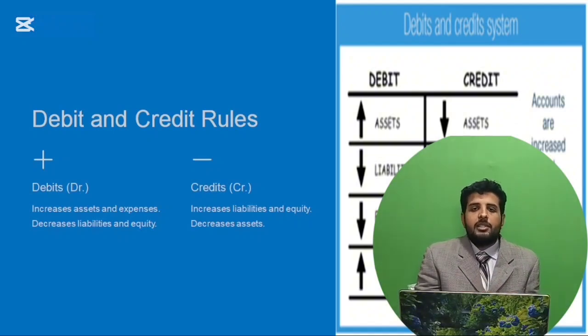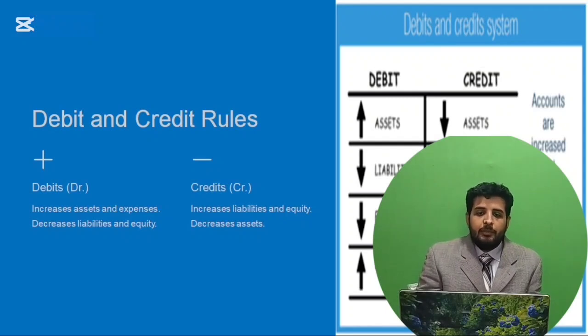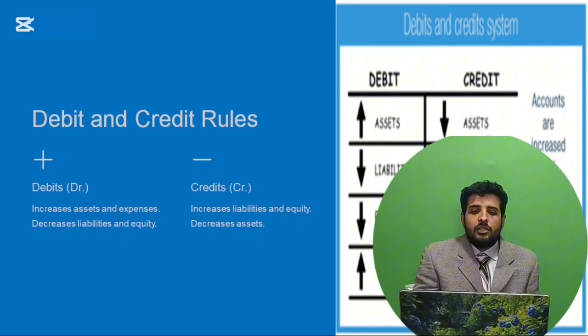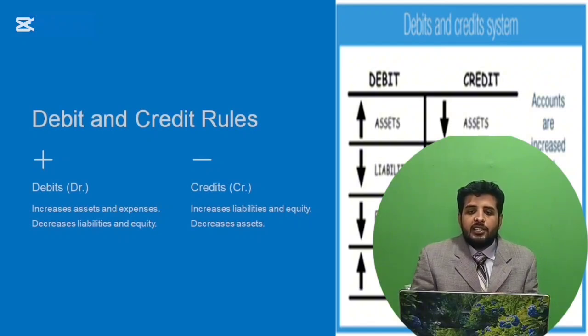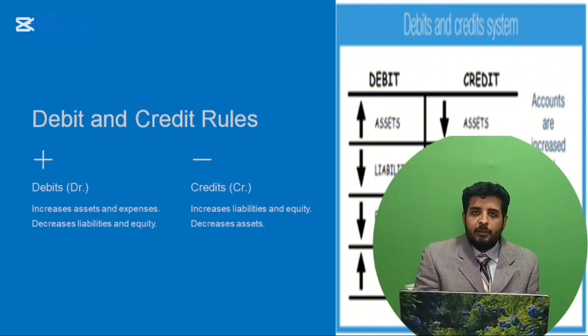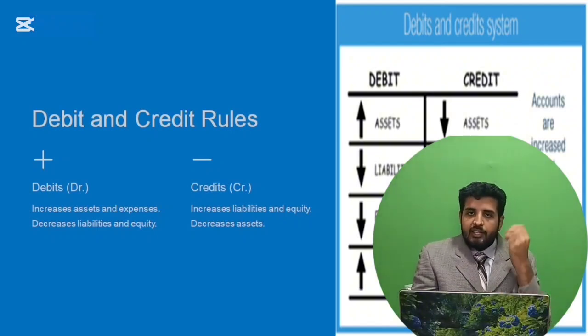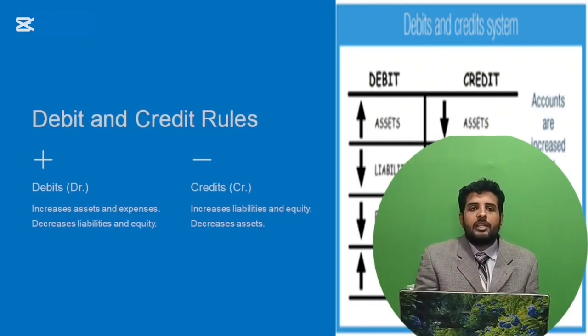So what are basically the rules of debit and credit? First let's discuss the rules of debit. If an asset or expense increases, there will be an increase in debit, and if the liabilities and the equities decrease, it will be debited. And then there are credit rules. Which entry will be credited?